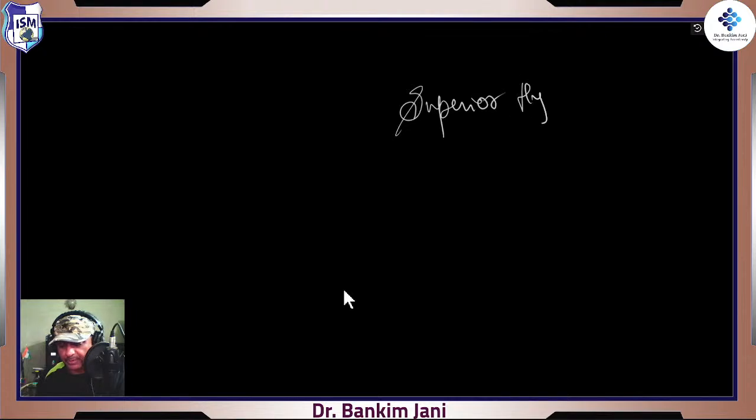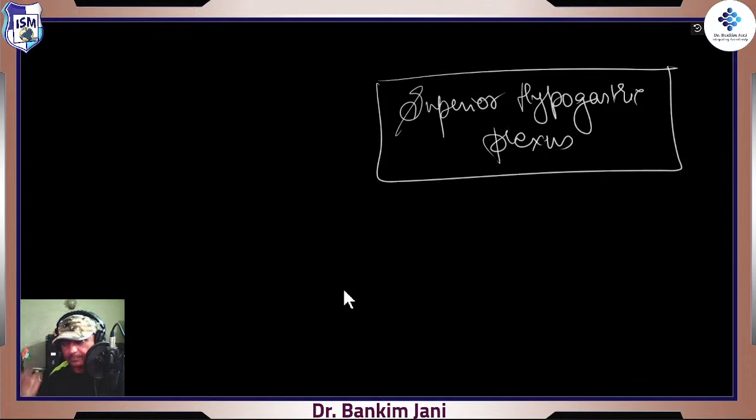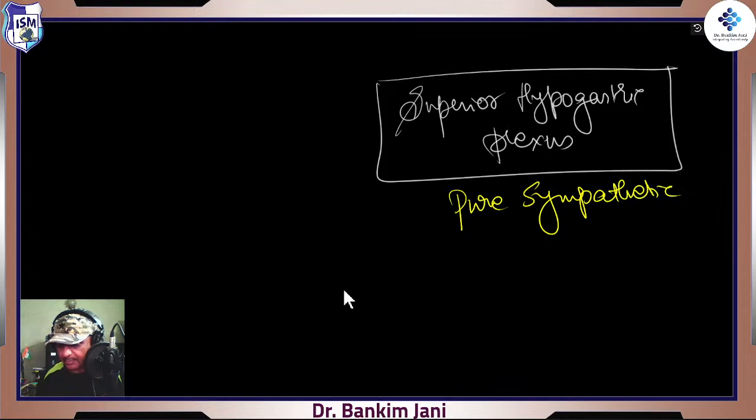This superior hypogastric plexus is pure sympathetic, pure sympathetic, right? So this means there is no sacral component. It means there is no parasympathetic fiber in this. So it comes from the lumbar region, right?